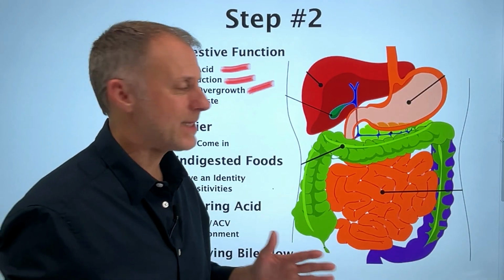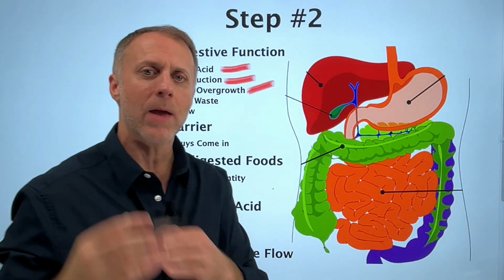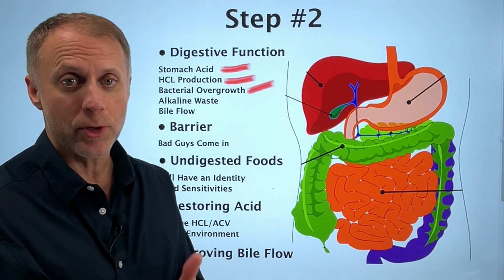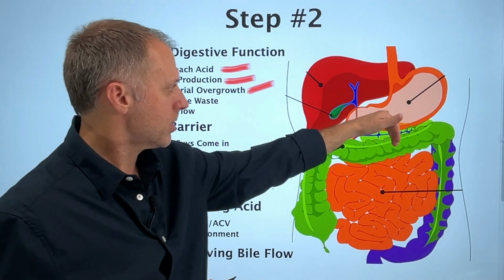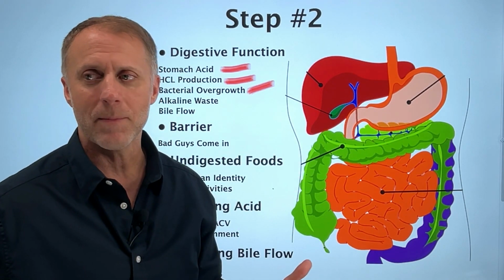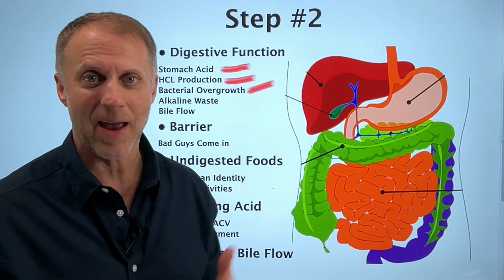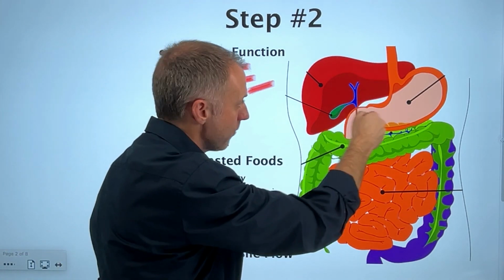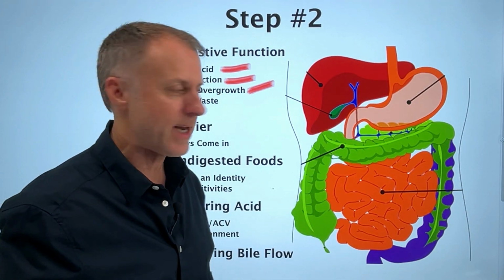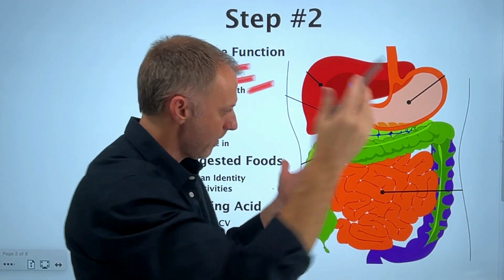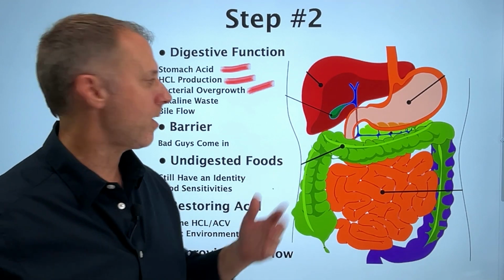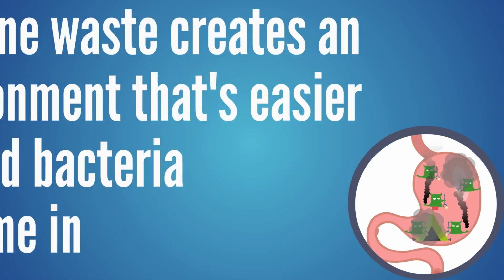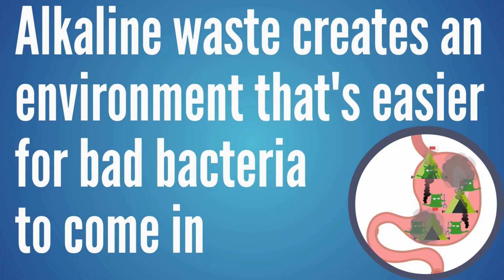So that alkaline waste has the ability to further alkalize the stomach and reduce your ability to acidify your food so you can break it down and get the nutrients out of that food. But it also makes this stomach more of an alkaline environment to invite more of the varmints in. Everybody comes in, whatever wants to come in is welcome here. They come right in, they move right through this place where they're supposed to fry in an acid bath, and they can come down and set up camp in the small intestine and create all kinds of trouble. So we don't want that alkaline waste there, creating an environment that makes it easy for other bad guys to come in.